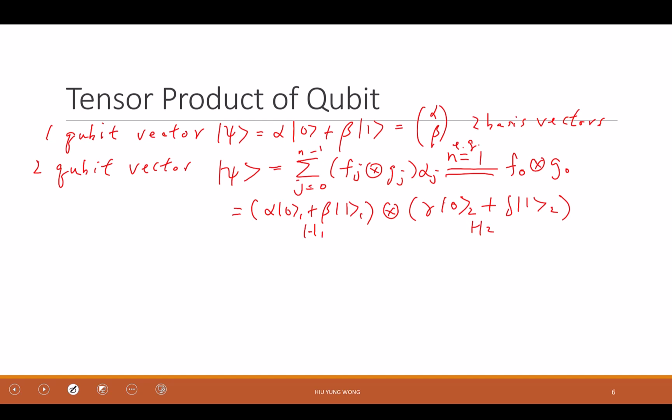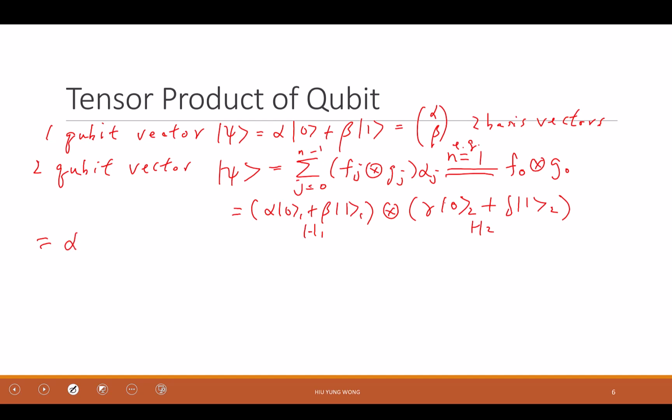Now we just learned that the tensor product follows what? All the distribution rule, right? So I can treat it like what I did for the multiplication, right? So this one, if I do it, it is like this. See if you agree.